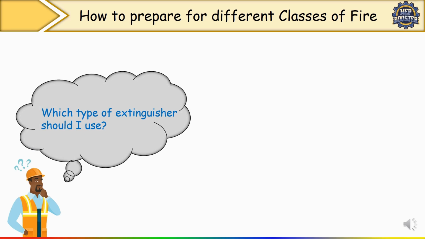Which type of extinguisher should I use? This is your question. I have already discussed that the type of extinguisher totally depends on the type of hazard you have. So first of all you have to identify the class of fire. Once you know the class of fire, based on that you have to select the appropriate fire extinguisher.